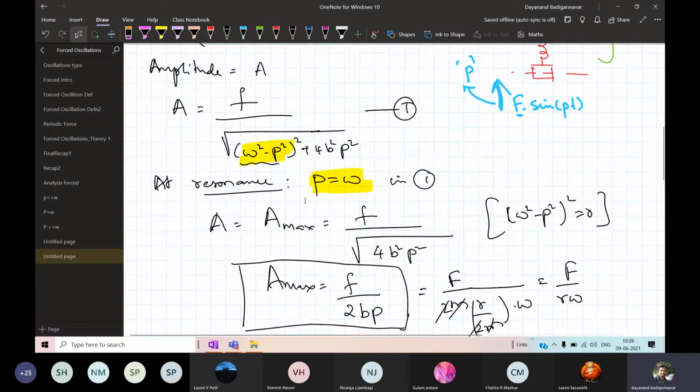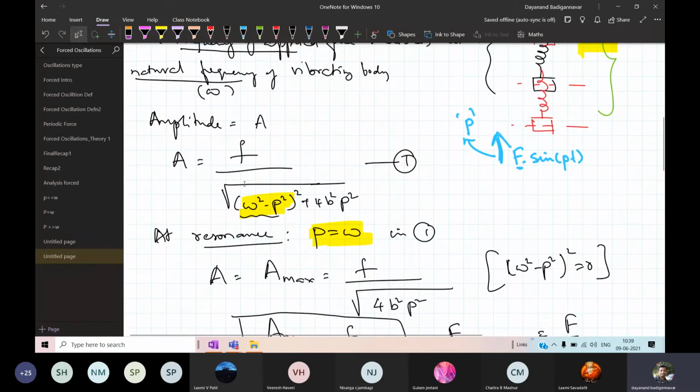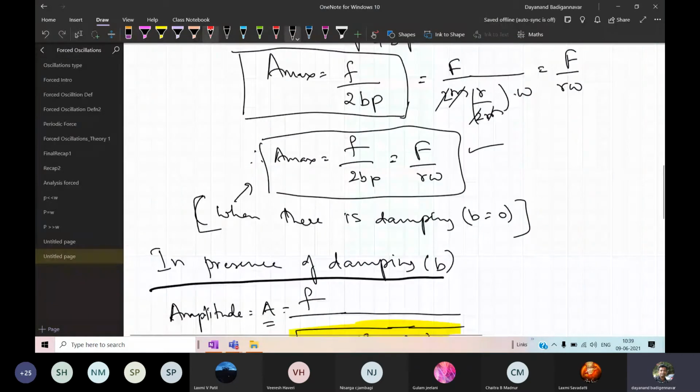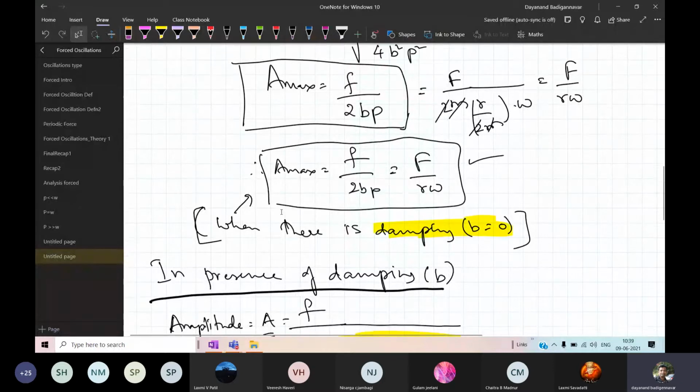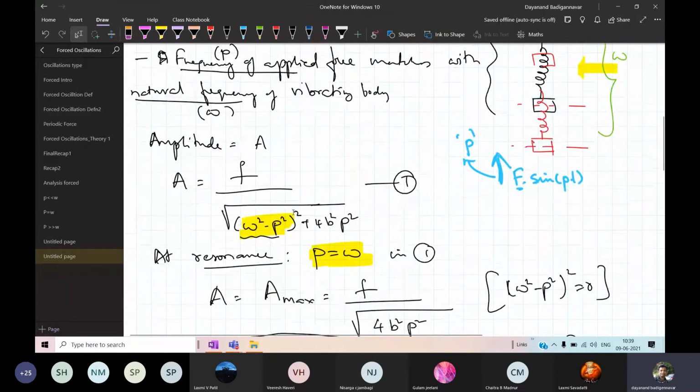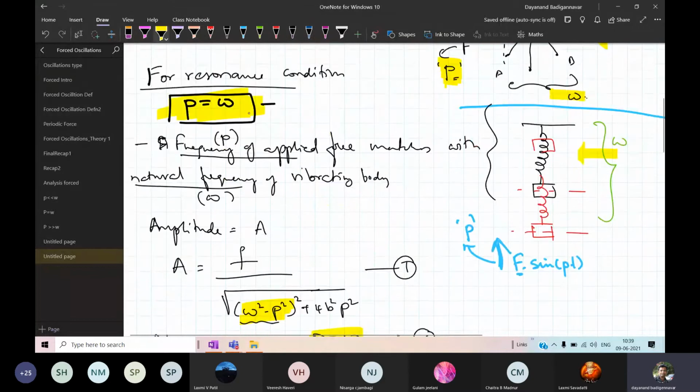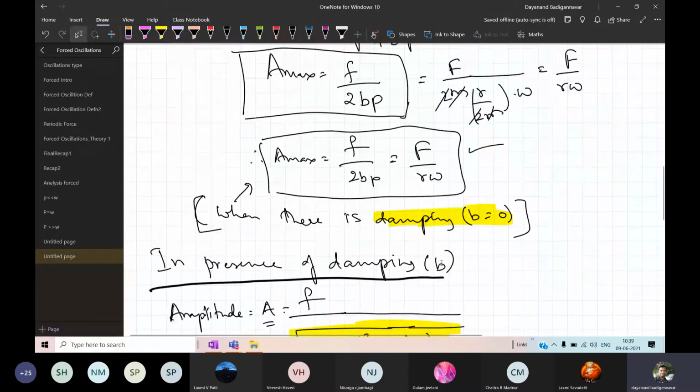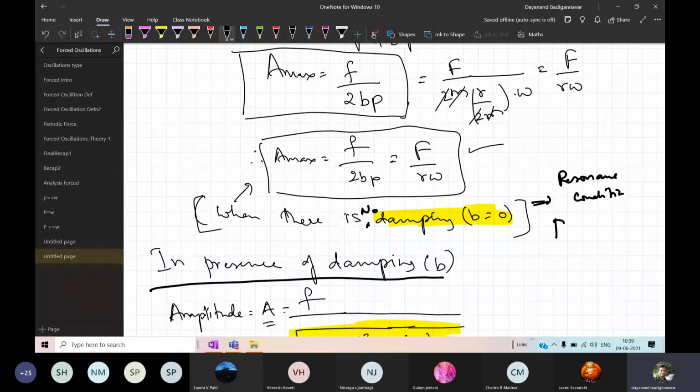When there is no damping, the corresponding condition for resonance is p equal to omega. Keep in mind, when there is no damping, B is equal to 0, and the corresponding resonance condition is p should be equal to omega.